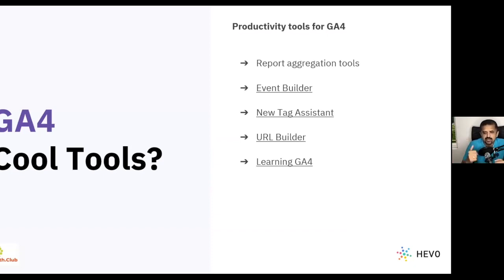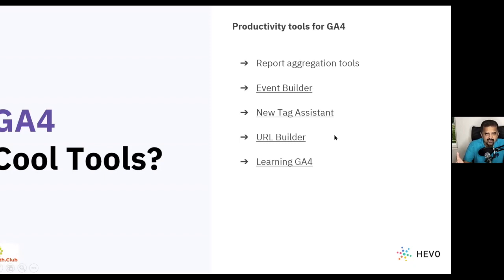Of course, as Parag has mentioned, Hevo Data is one of those tools. I have used multiple of those tools, but using one of them is really important when you are doing multi-channel and multi-device marketing. Second is Event Builder.